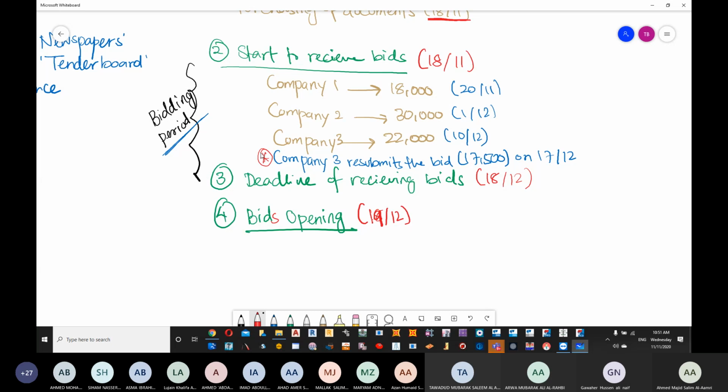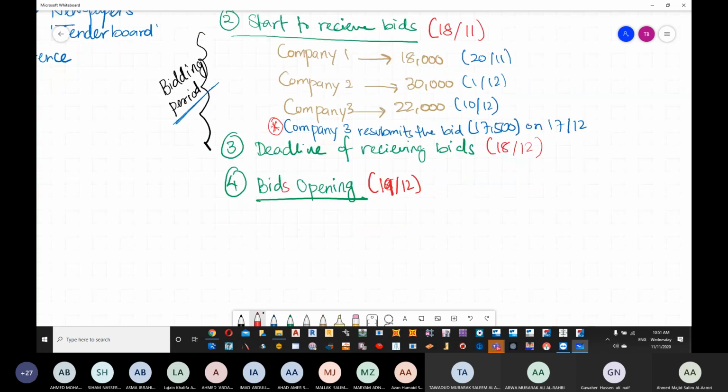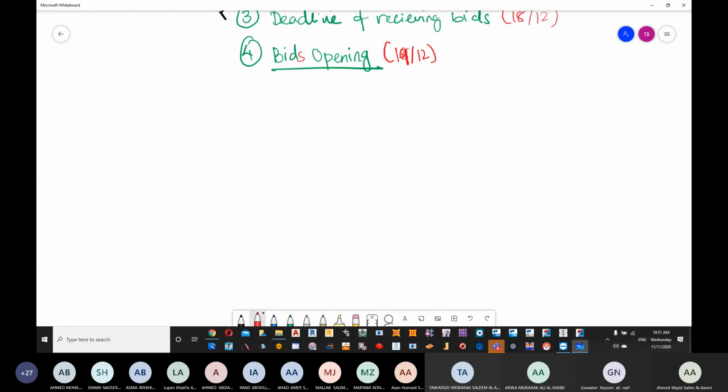Okay, now we have received the bids. According to us, we have received 3 bids: company number 1, company number 2, company number 3. Okay, I'm giving you now a different scenario.